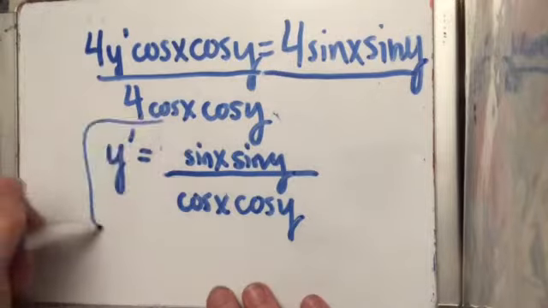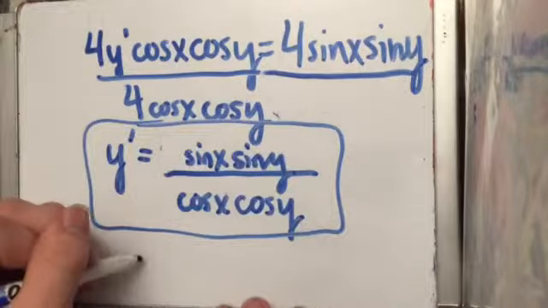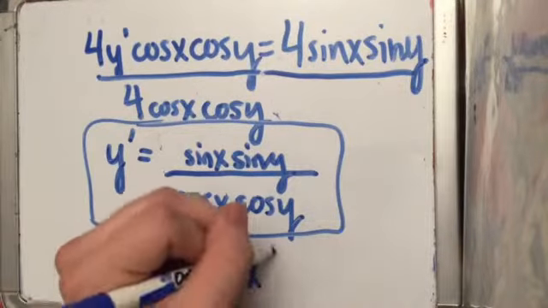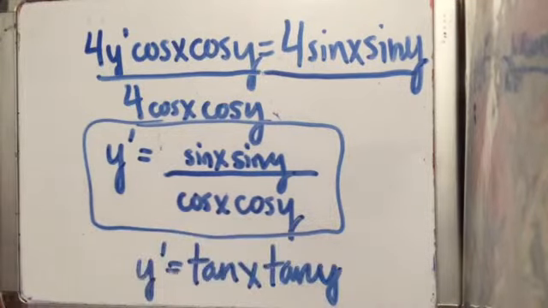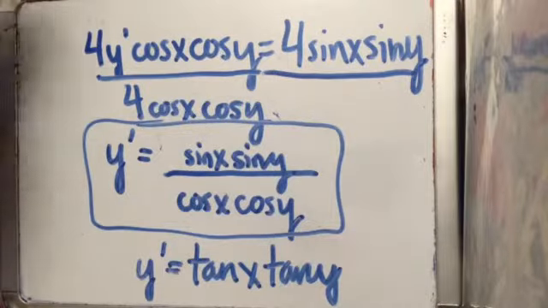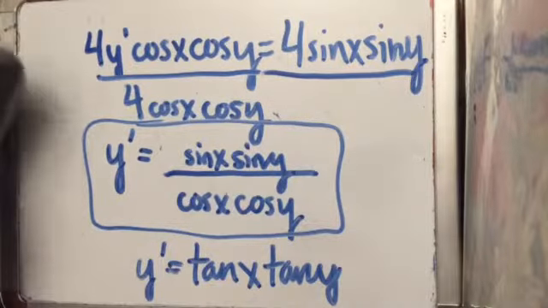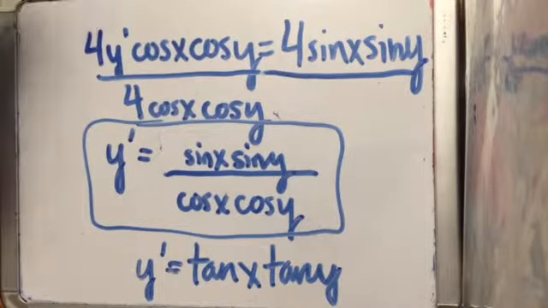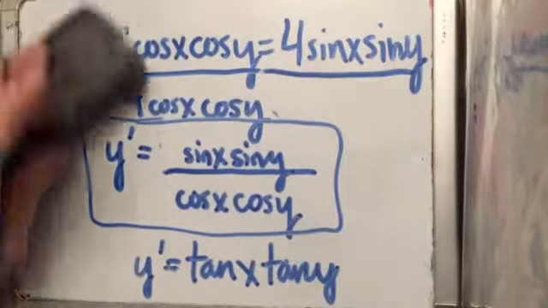And this is essentially the answer, but if you wanted to simplify it further, you could say y prime equals tangent x tangent y. But either way, if you needed to plug in any values using implicit differentiation, either of these would work.